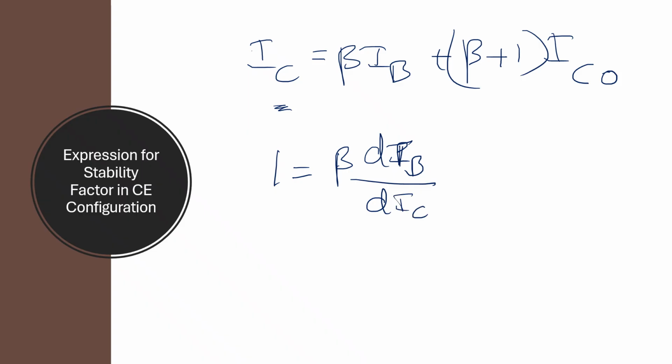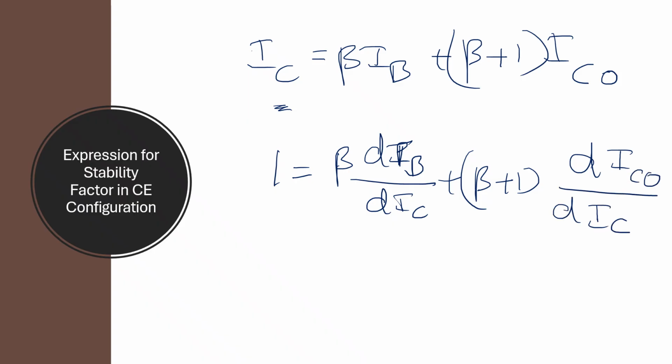What is dIB? The differential change in the base current to the differential change in the collector current, where beta is the current gain, plus (beta plus 1) into the differential change in reverse saturation collector current divided by the differential change in the collector current.